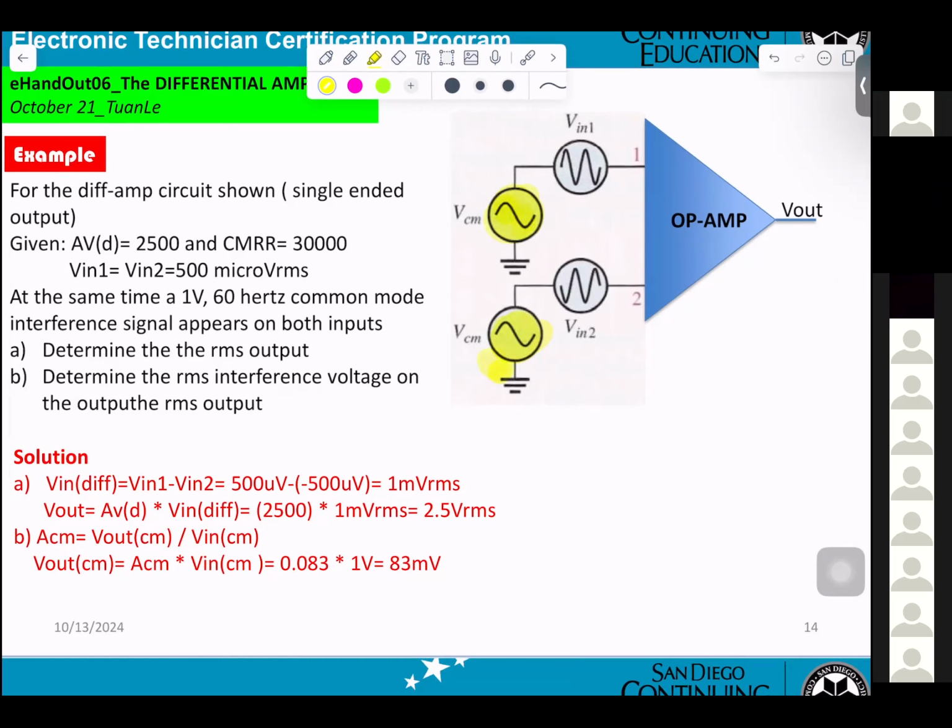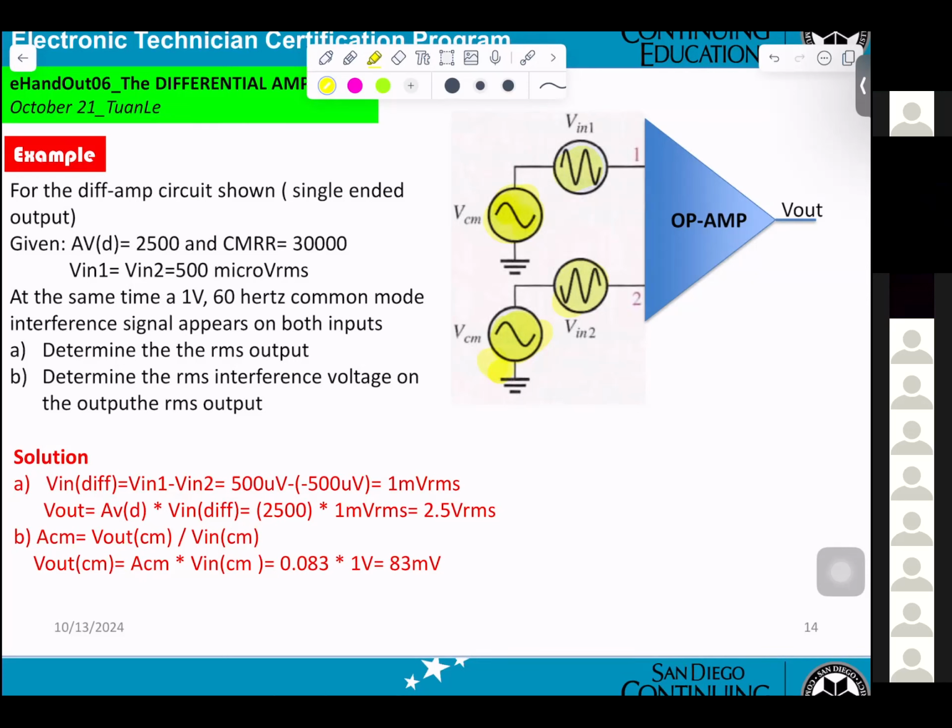V in 1 and V in 2, that's your input, your voice. They must be opposite, 180 degrees off phase. That's the basic. What does the output signal look like? We'll see.